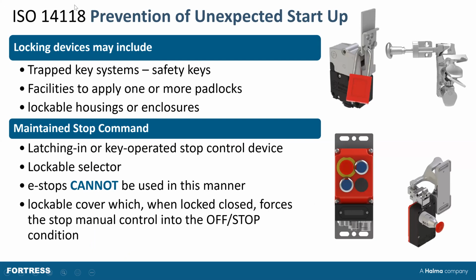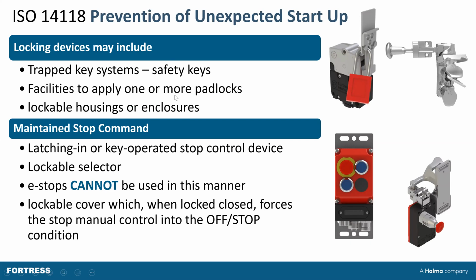So again, as I said, 14118 has bits on it. So it has locking devices for this sort of situation. It just doesn't specify whole body access in a weird way, but that's a different issue. So anyway, it also mentions trapped keys, it also mentions padlocks and lockable housings.